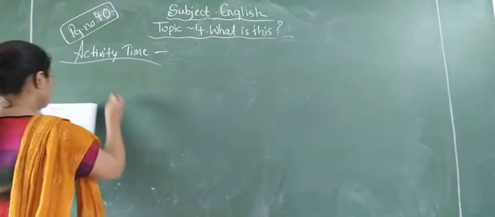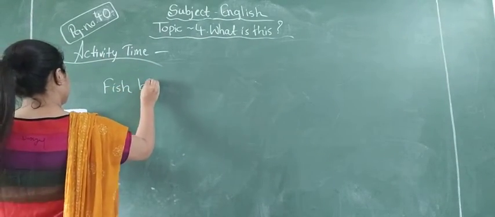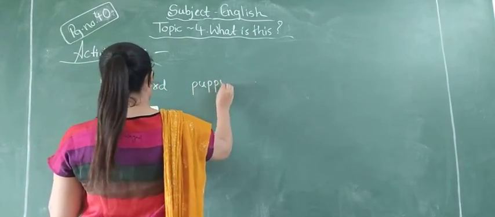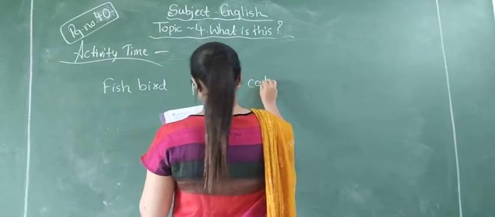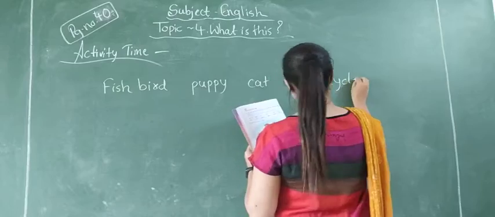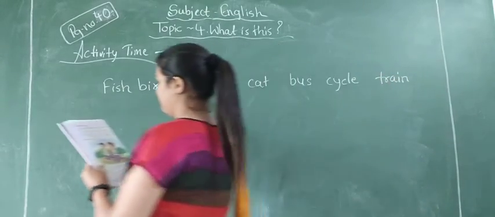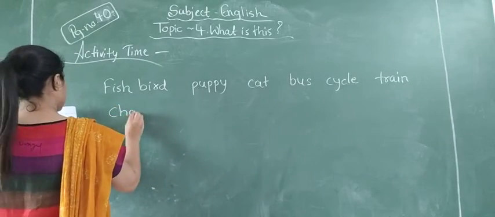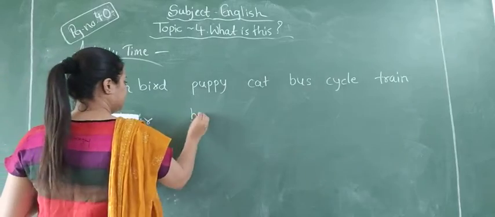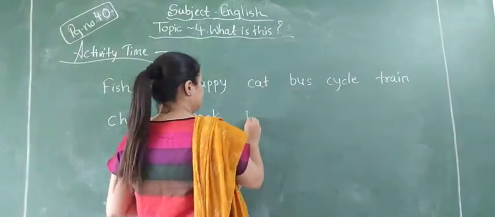ये सारे words जो लिखे हुए हैं, FISH fish, BIRD bird, PUPPY puppy, CAT cat, BUS bus, CYCLE cycle, TRAIN train, and after that CHAIR chair, BOOK book. इन सबकी स्पेलिंग आपको पढ़ते हुए लर्न करना है.